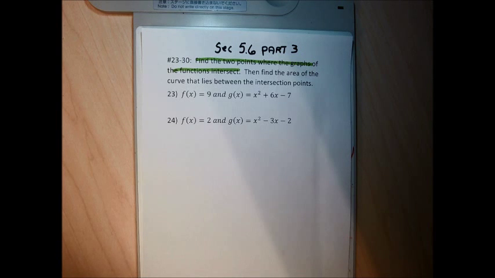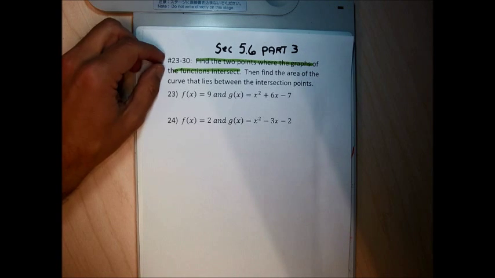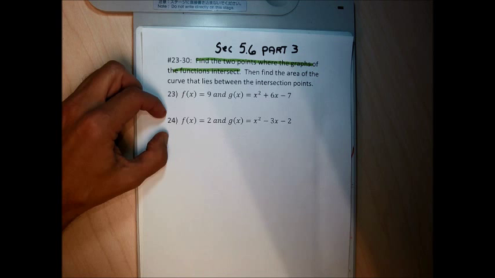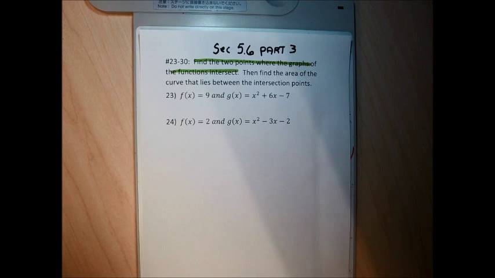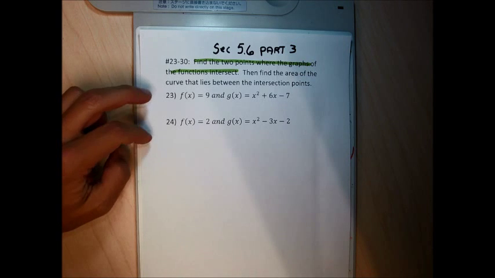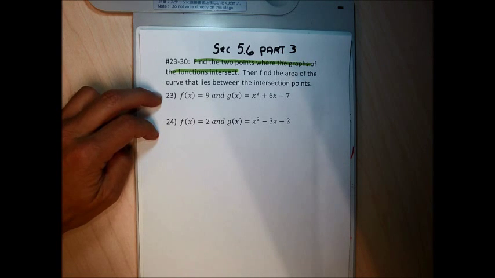So the problems that we have left to do ultimately want us to find an area by finding a top curve and a bottom curve, and doing essentially what we did for most of the problems in this section. The big difference is that the functions that are given aren't given with an interval, in terms of I want to give you a specific interval to integrate over, and what I have to do for the problems between 23 and 30 is create my interval.